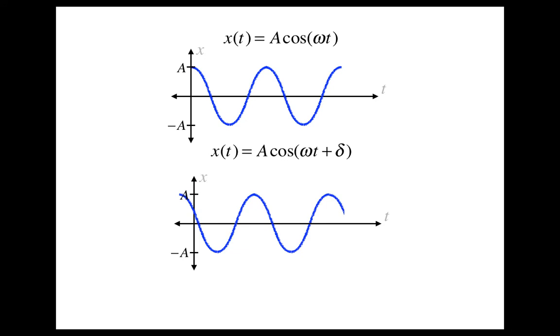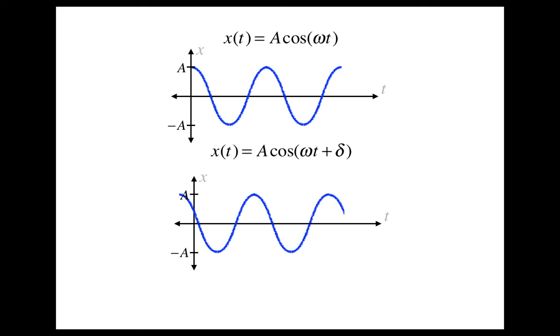Here you can see that the lower curve is shifted a little bit to the left, and we can handle that by adding delta to the argument of cosine. Now, delta is going to have to be an angle because it's inside the argument of cosine. But you can see that the x-axis is measured in units of time.